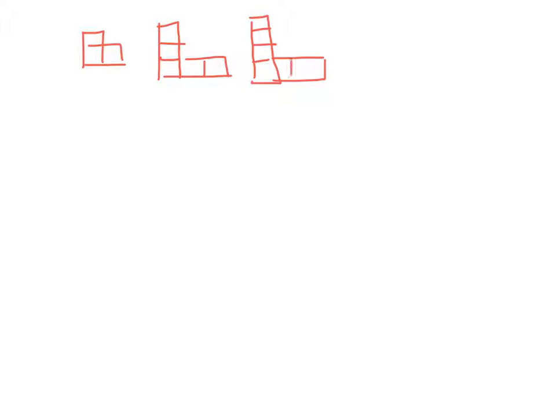This is 1, this is 2, this is 3. Wants us to draw 4 and 5. Well, if we look here, we can see that there are 3 tiles in here. There are 1, 2, 3, 4, 5 tiles in number 2.